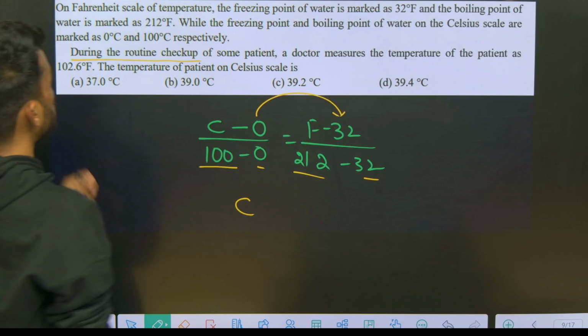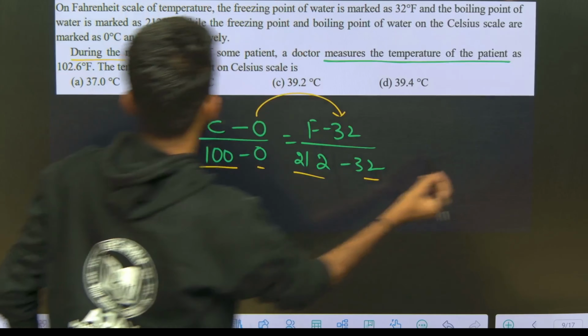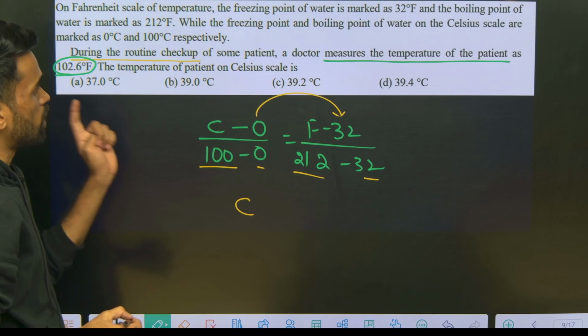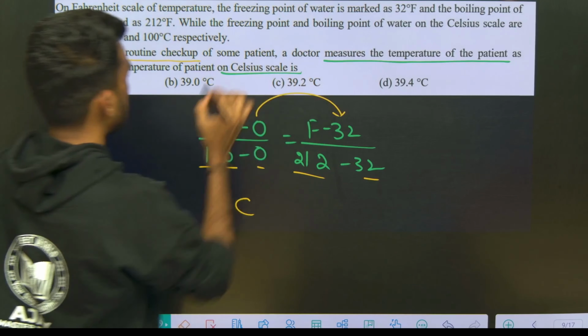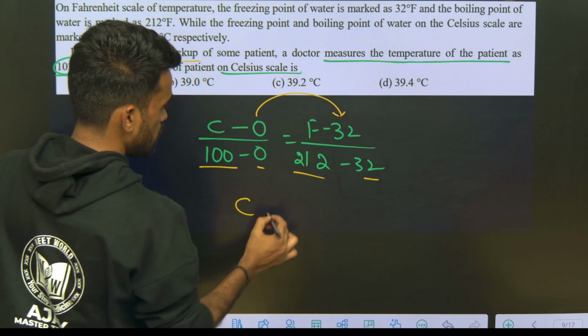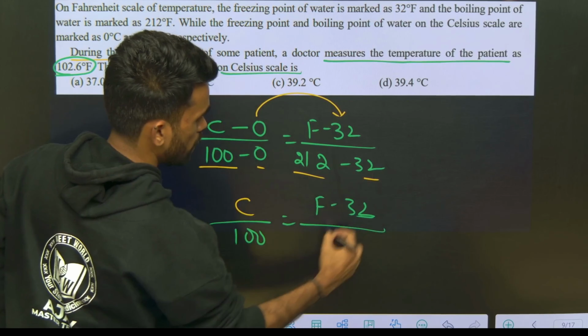Read this statement. During a routine checkup of a patient, a doctor measured the temperature of the patient as 102.6. What is the temperature of that patient on the Celsius scale? Just use this formula: C by 100 equals F minus 32 by 180.